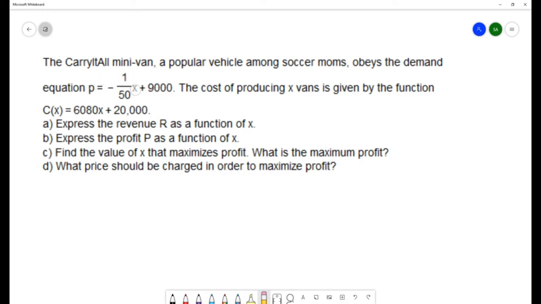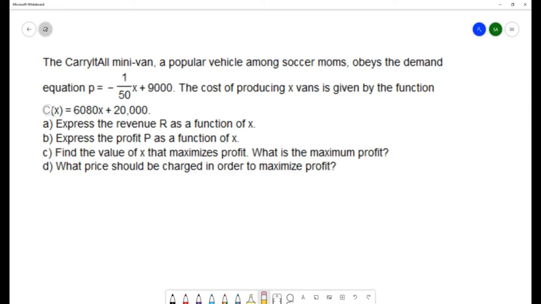And then we have the variable X. X is the number of vans. And so this is an equation that relates the price to the number of vans. So we call that the demand equation.